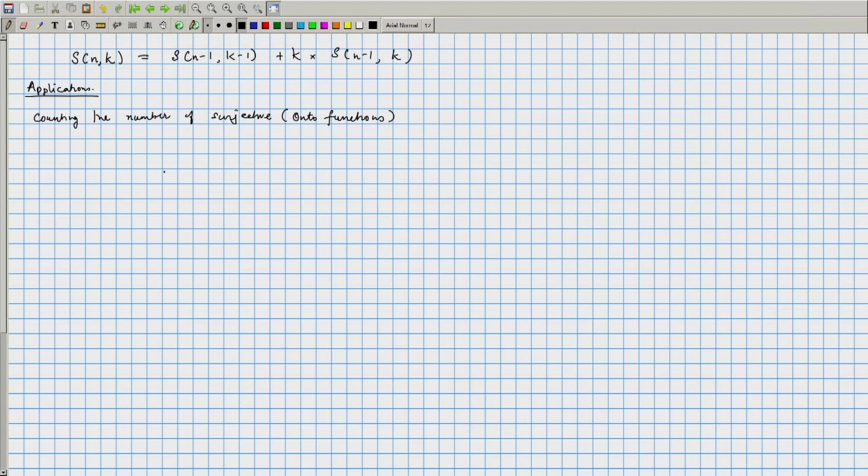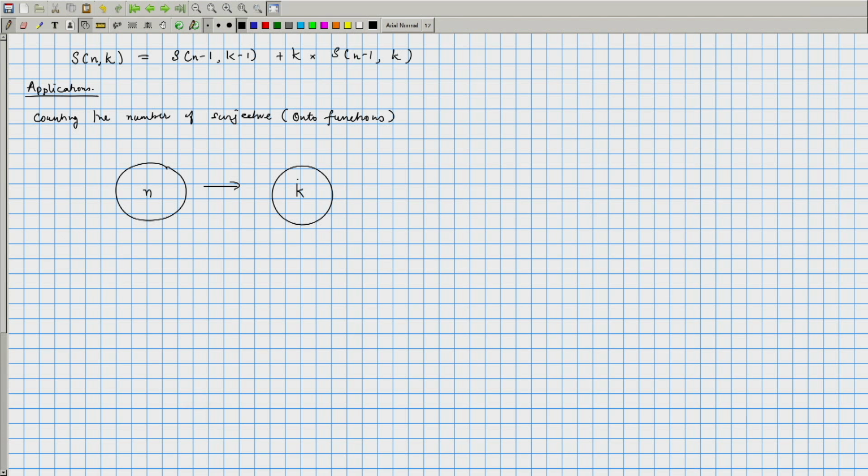So, we are interested in functions from an n element set to a k element set, okay, such that it is an onto function. Every element of the codomain is part of the image. So, how many ways are there of doing it?